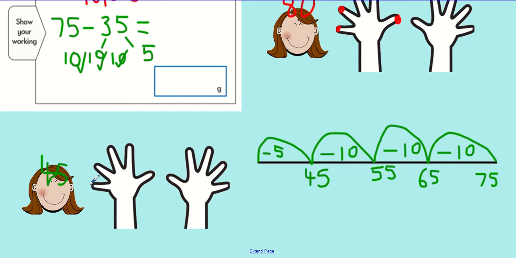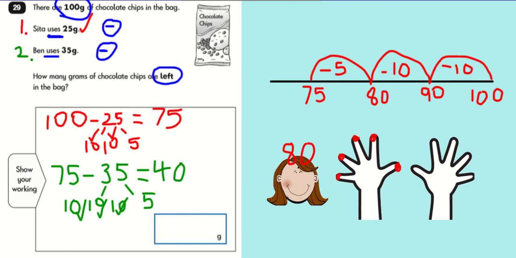Go. 45, 44, 43, 42, 41, 40. So we've got 40 is our answer. 40 here. 75 take away 35 equals 40.